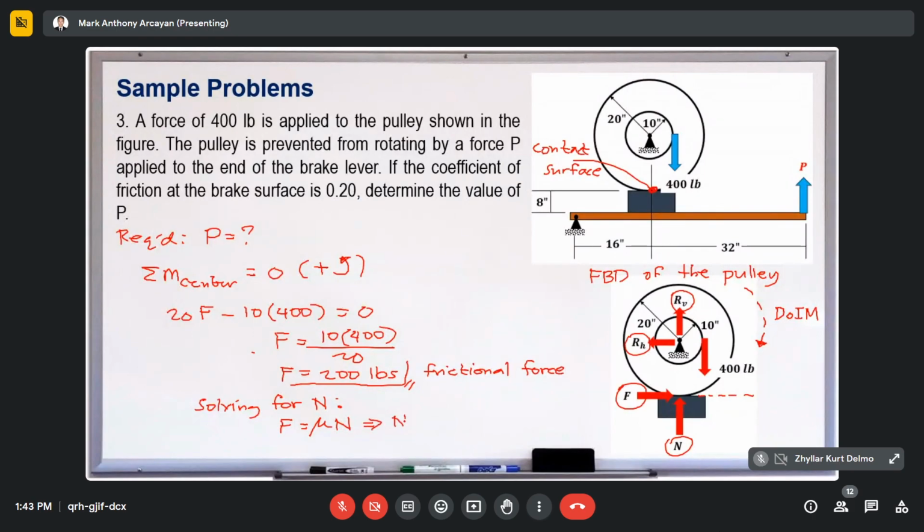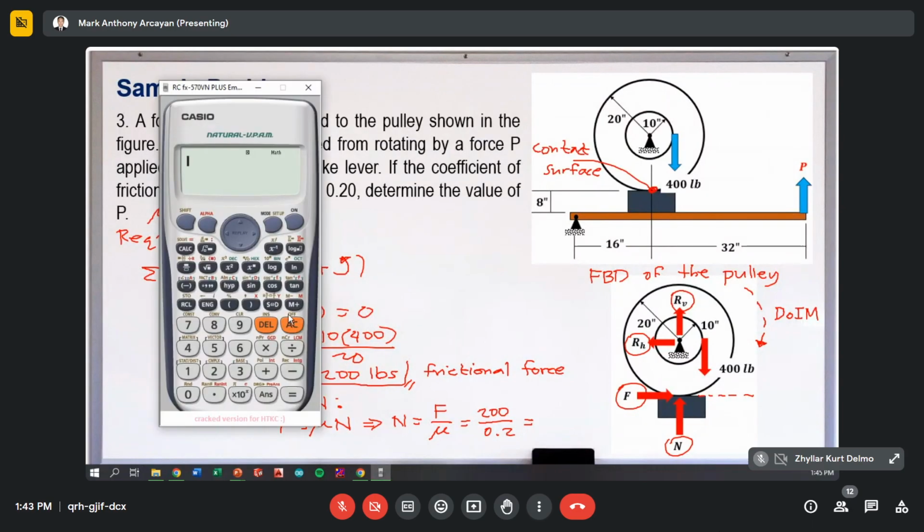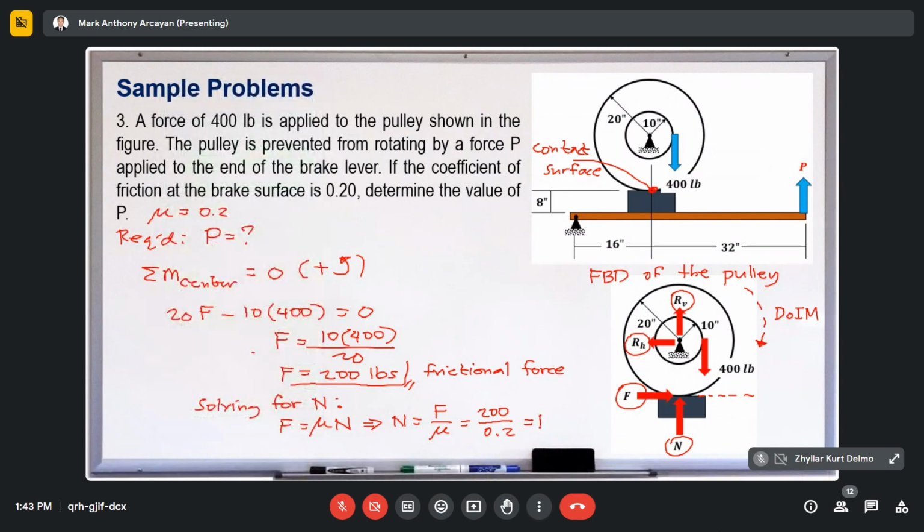Therefore, the normal force is equal to F over mu. The frictional force is 200 pounds divided by the coefficient of friction mu, which is indicated here as 0.2, as stated in the problem. Plugging it in, 200 over 0.2, we have a normal force equal to 1,000 pounds. That is our normal force N.